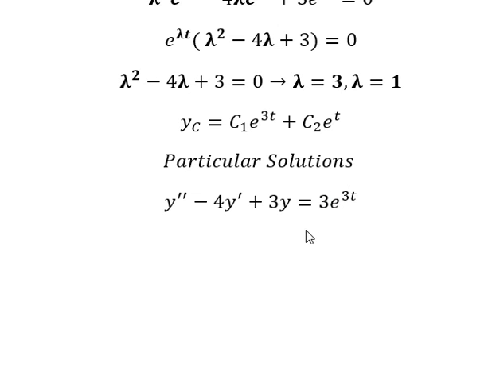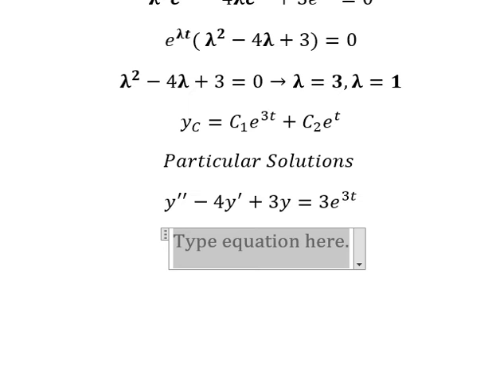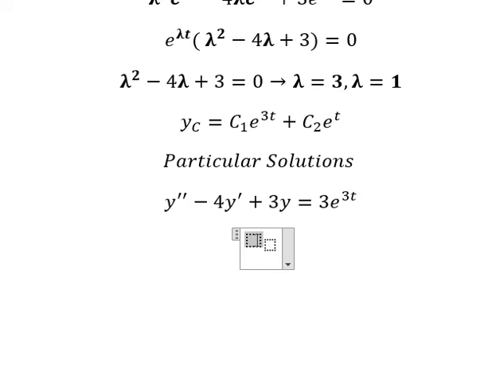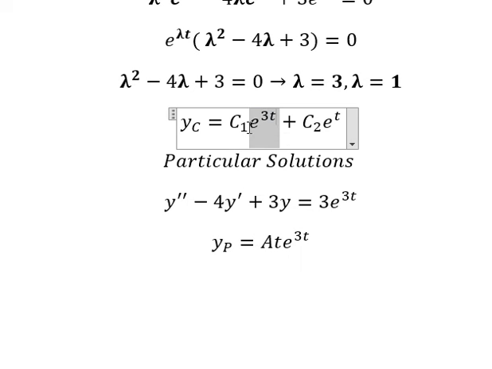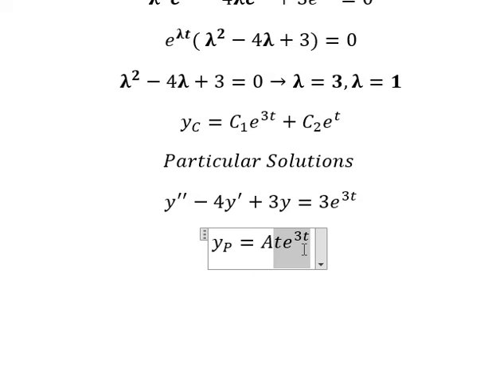So in this situation, we need to put yp equals a t e to the power of 3t, because this one we just have in here. Now we need to increase by 1 unit the e to the power of 3t, by t. Now we do the first derivative of this one, and we got like this.